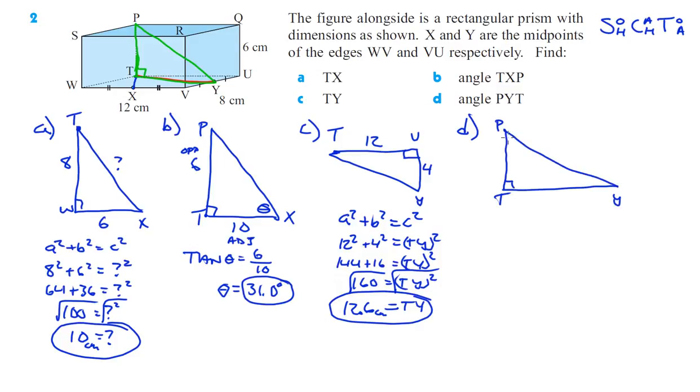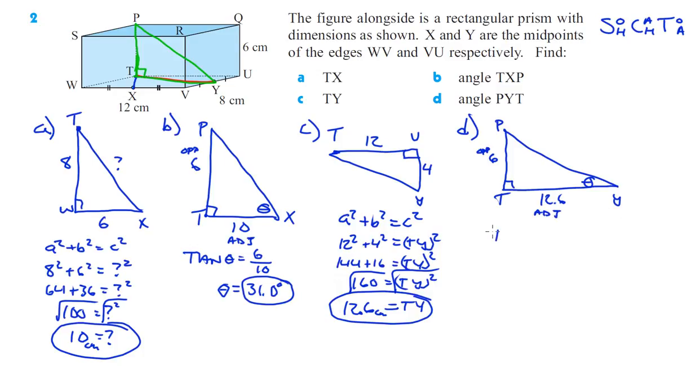That's a right angle, so we want to find angle PYT. So that's this angle here. This PT side here is 6, and we just figured out what TY was, that's 12.6. So this side here is opposite, and this side here is adjacent.